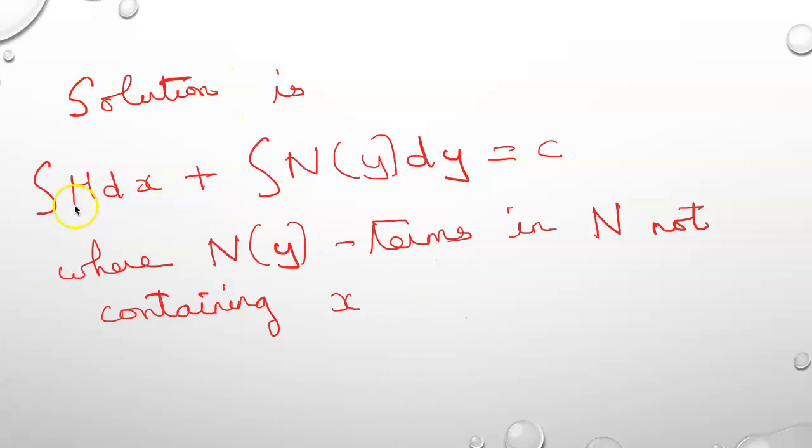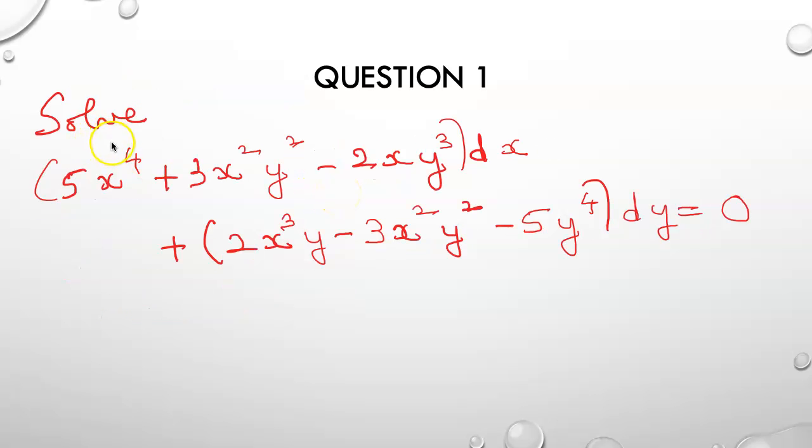And the solution is given by integral M dx plus integral N(y) dy equal to c, where N(y) is the term in N not containing x. So for integrating M we take all the terms in M, and for integrating N we take only the terms in y. Coming to questions.